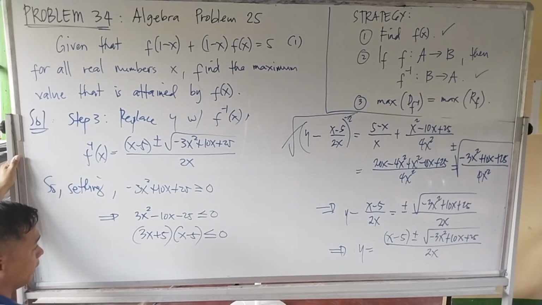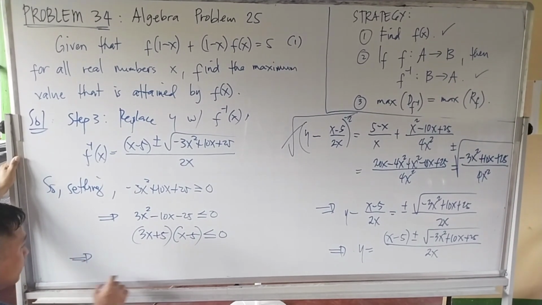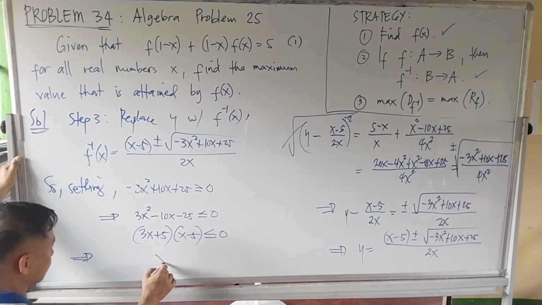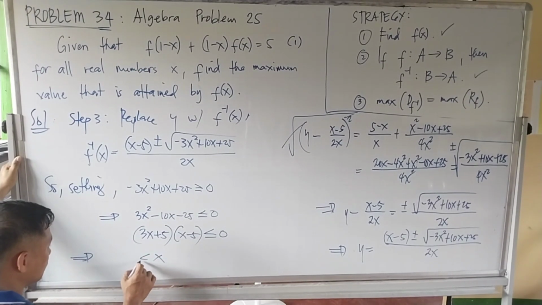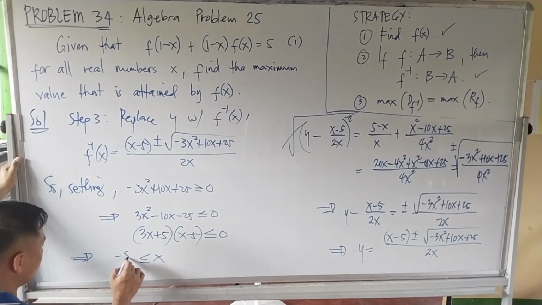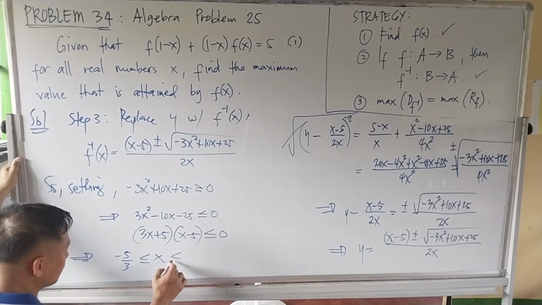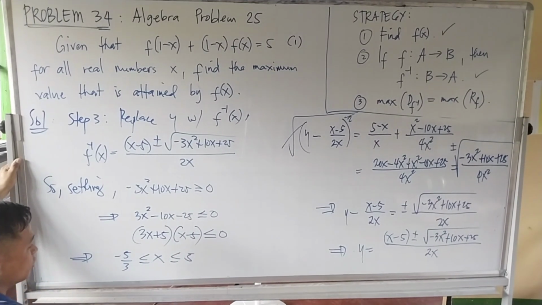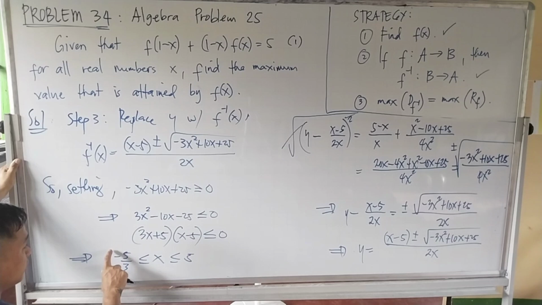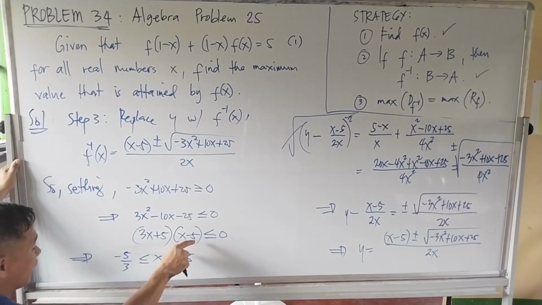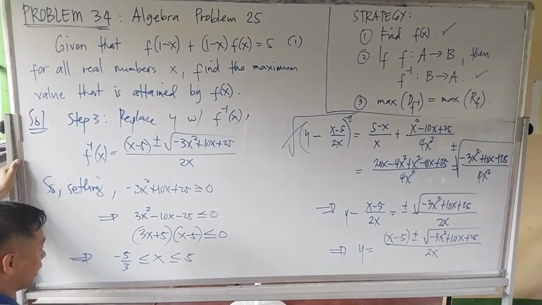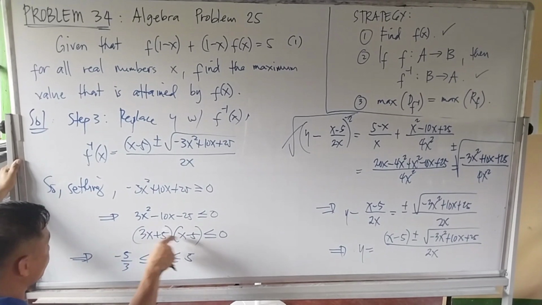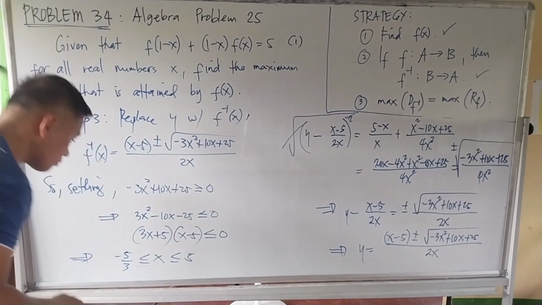But we're going to use the theorem. So the solution set is x greater than or equal to -5/3 but less than or equal to 5. It means x is greater than or equal to the smaller of the two values and less than or equal to the greater of the two values.